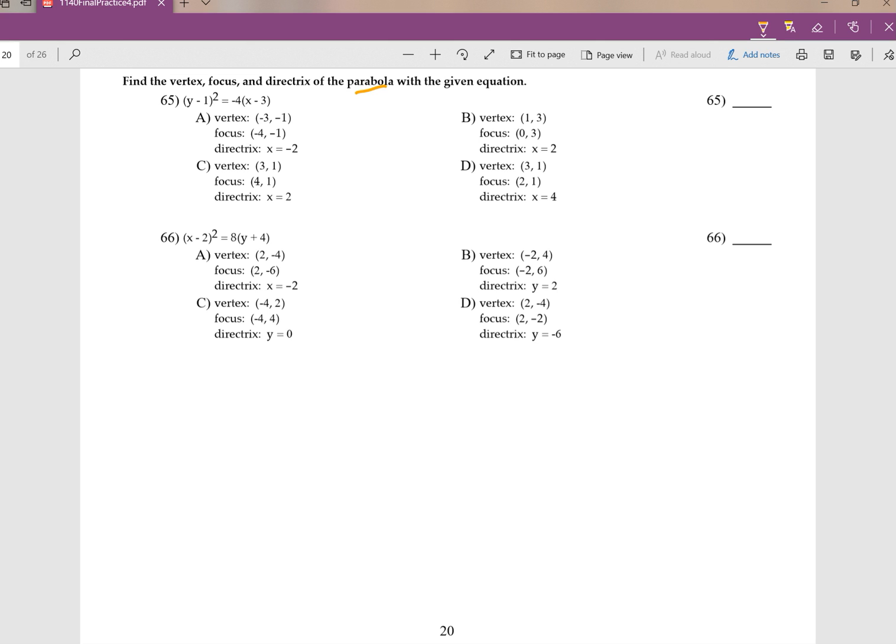So if you notice that this is a y squared equals 4px, and so this means that x is 3 for the vertex. This should be x is equal to 3, and y should be equal to 1 based on this.